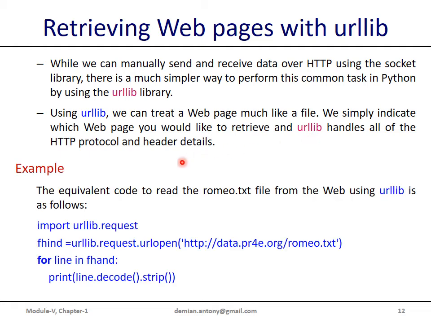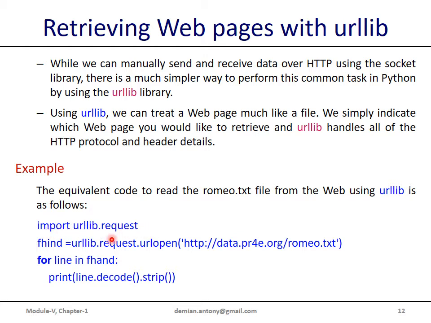Here is the equivalent code in urllib to get the contents of the romeo.txt file. What we have to do is import this library, urllib.request.